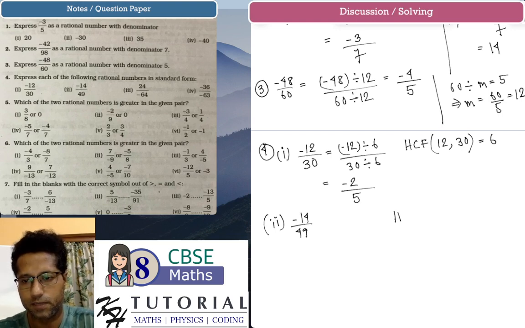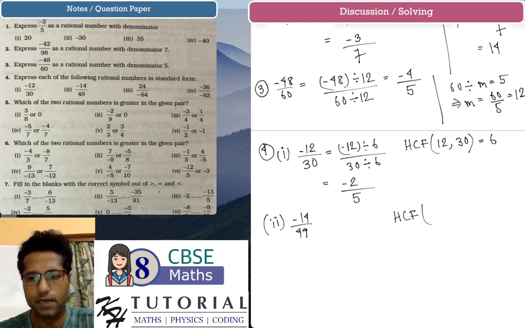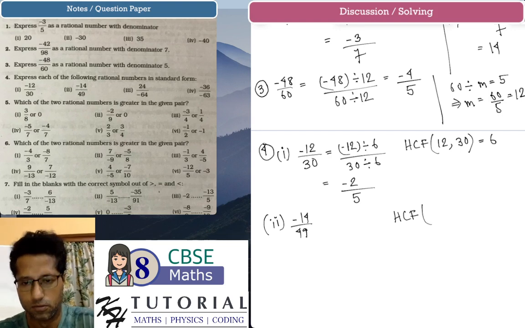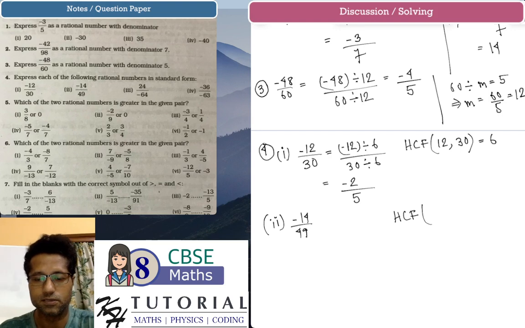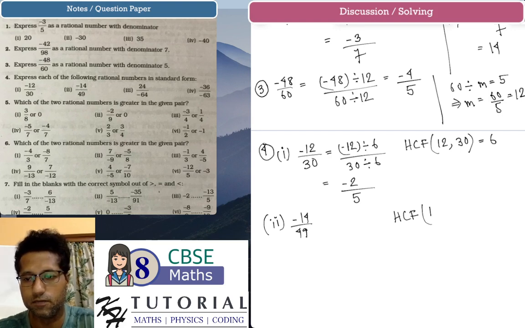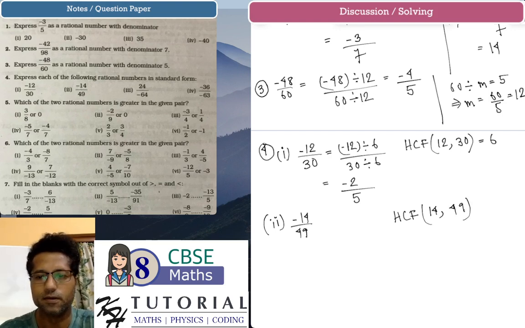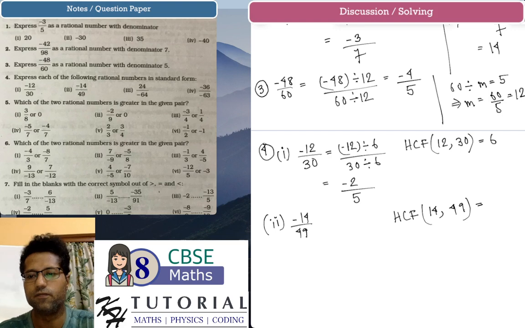The numerator is minus 14, so its absolute value is 14. We have to see whether the HCF of 14 and 49 is 1 or not. If it is 1, then we do not do anything, but we can see that the HCF of 14 and 49 is 7, which is not equal to 1.